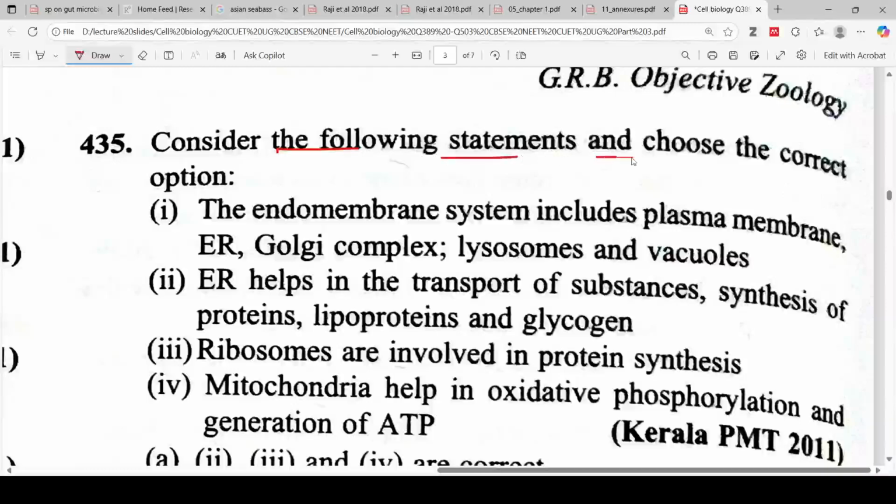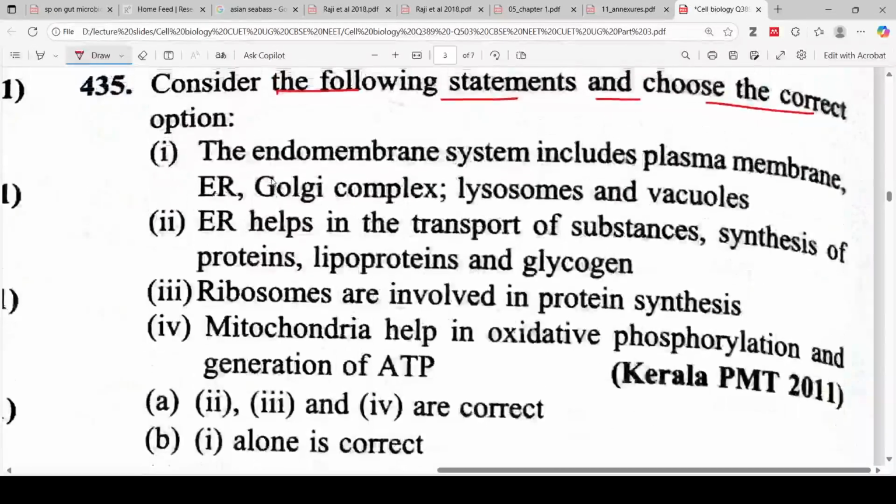consider the following statement and choose the correct option. The endomembrane system includes plasma membrane, endoplasmic reticulum, Golgi complex, lysosome, and vacuole. So this is not correct.